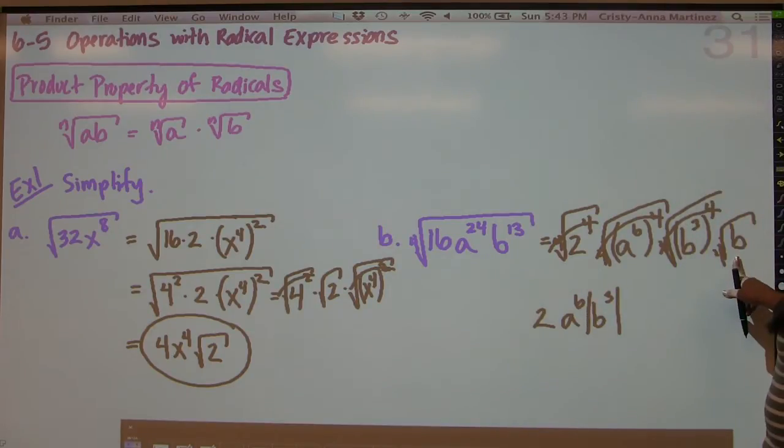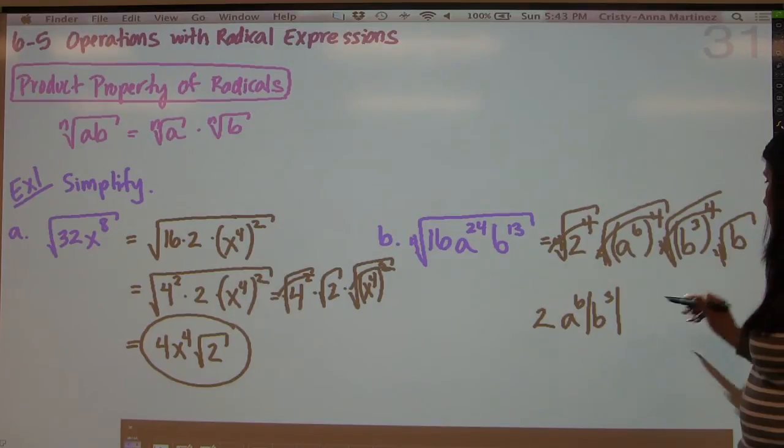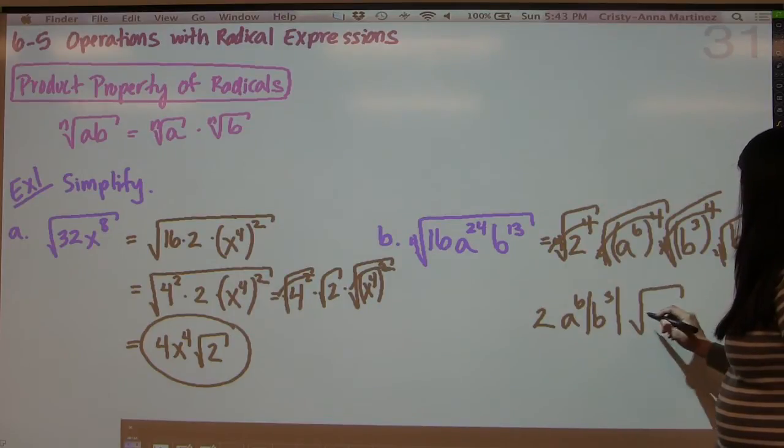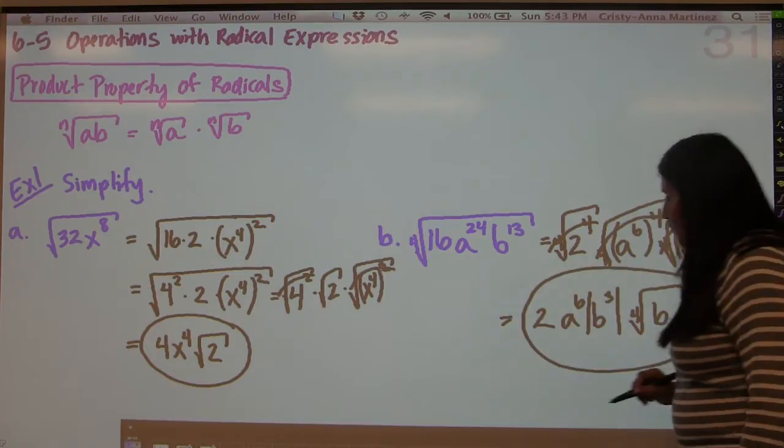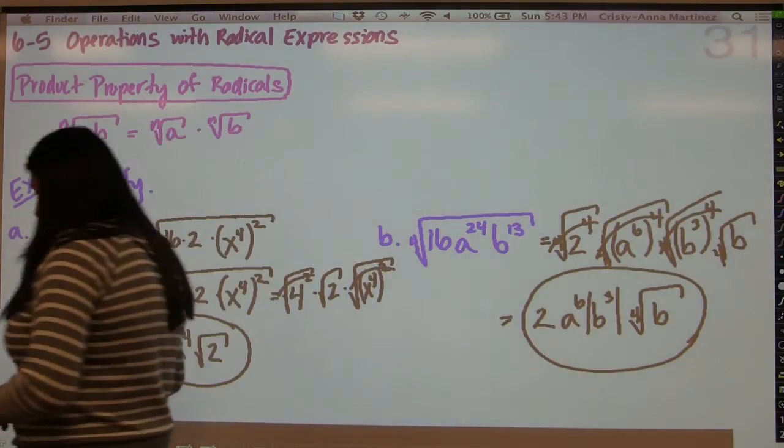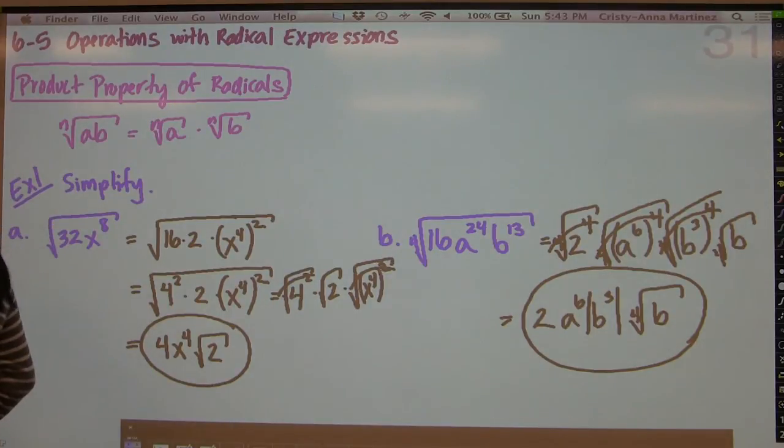And this b doesn't come out because it has no 4th power. So the 4th root of b. This is your final answer for part B: 2a to the 6th times the absolute value of b cubed times the 4th root of b.